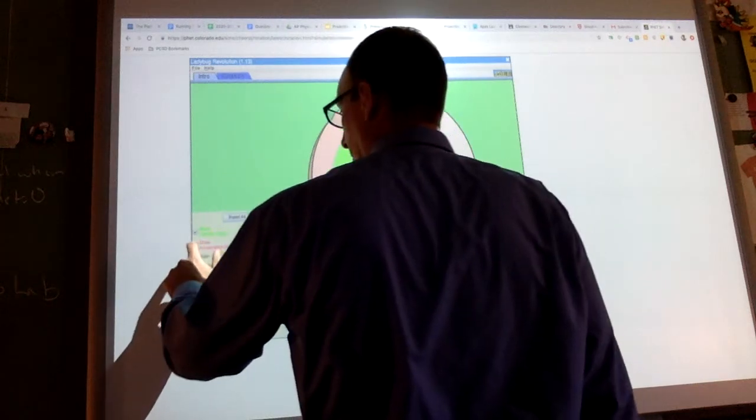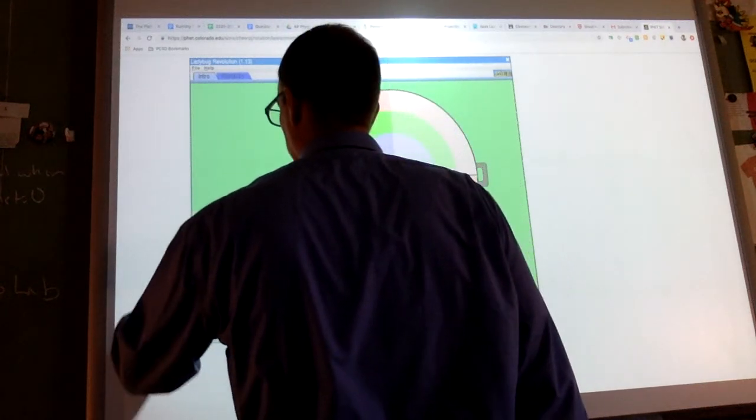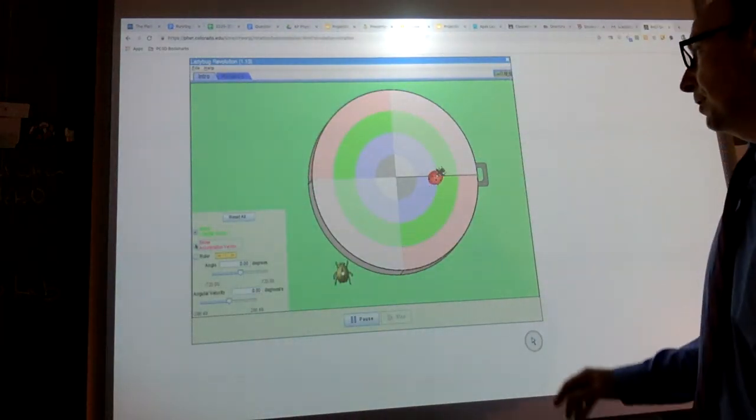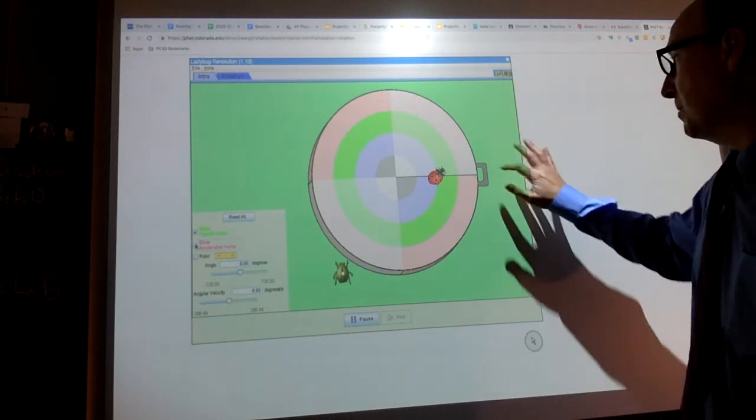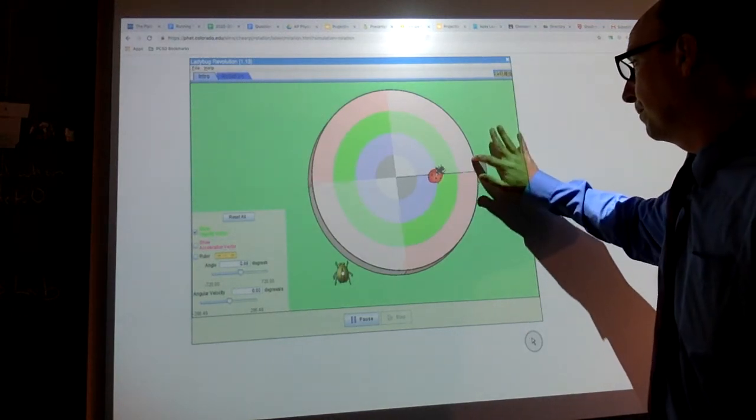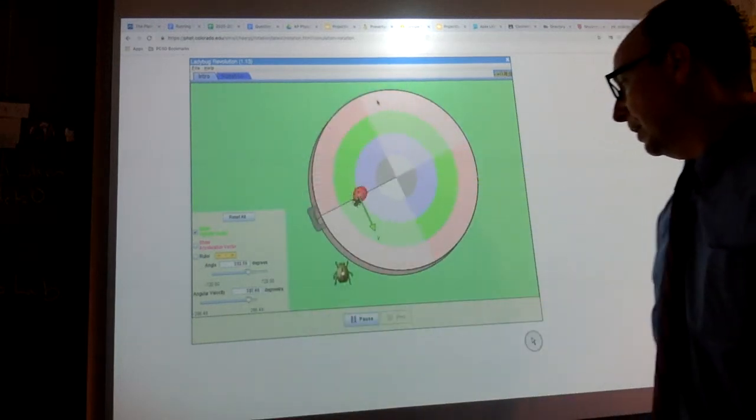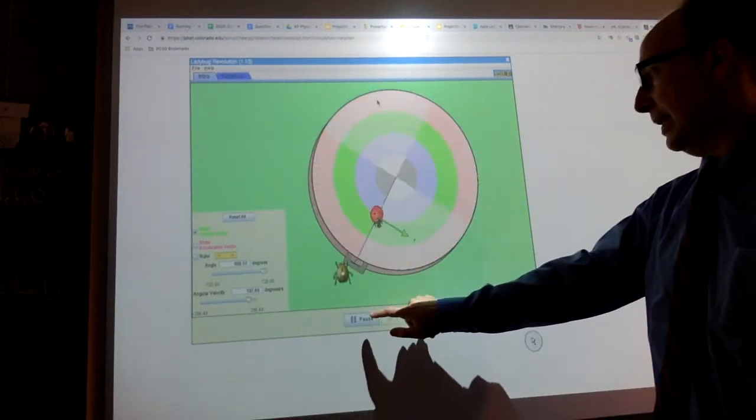All right, so I'm going to show our velocity vector as I spin it, and I will try to pause it at that point.